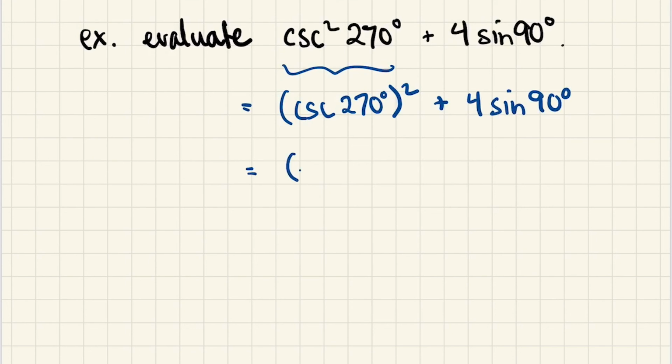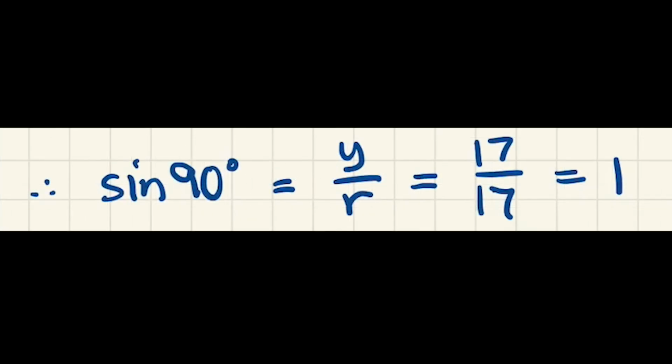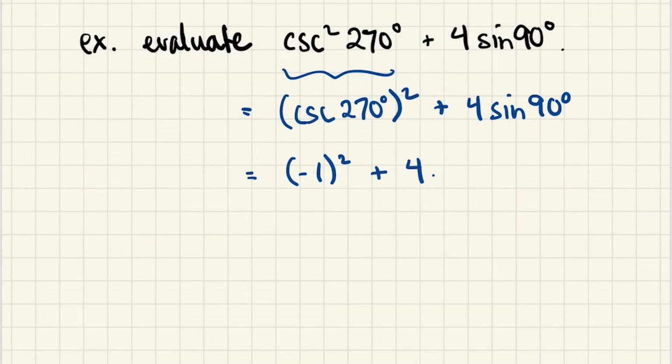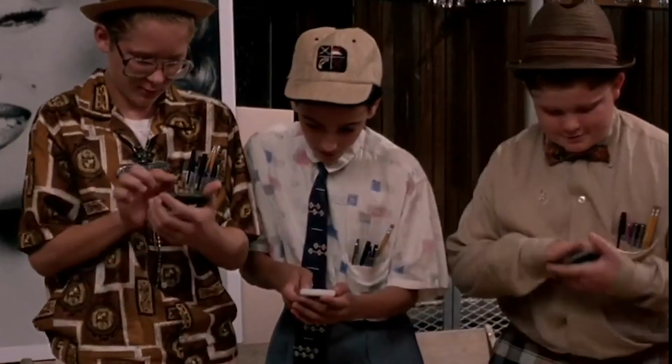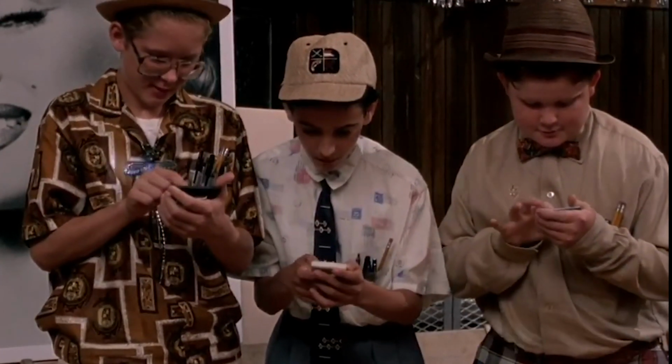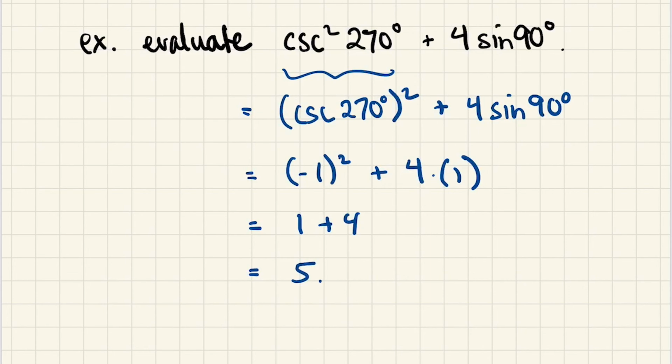And that would be -1 quantity squared plus 4 times. We evaluated sine of 90 degrees a while ago, and we got an answer of 1. So this would be 1 plus 4, which is 5. All right.